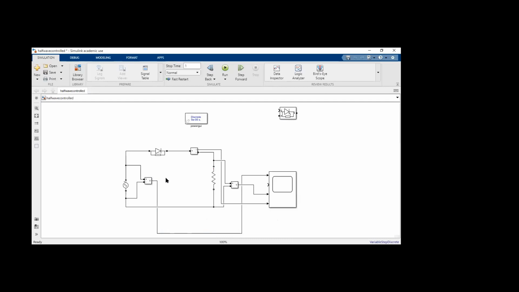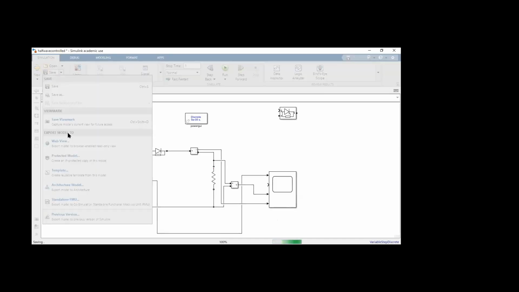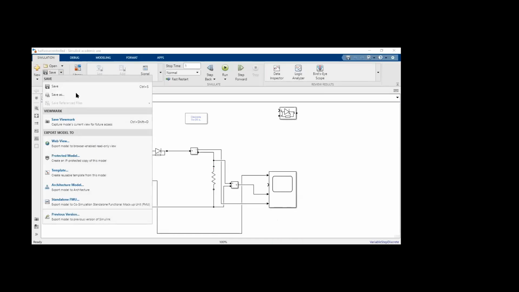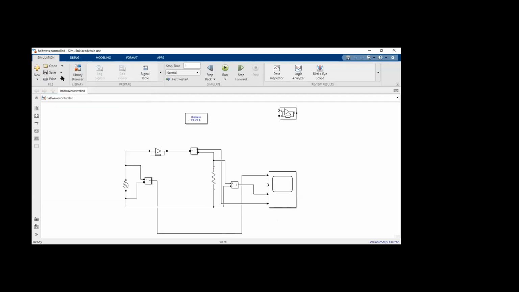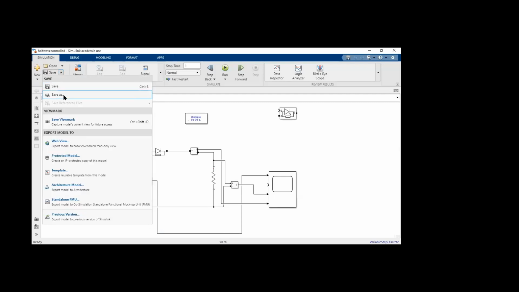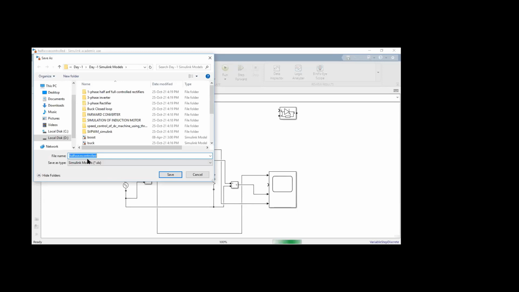The half wave uncontrolled, and this is a controlled one if I use a thyristor. Now what we need to do is save it. File, save as. This is uncontrolled. I'm saving it.